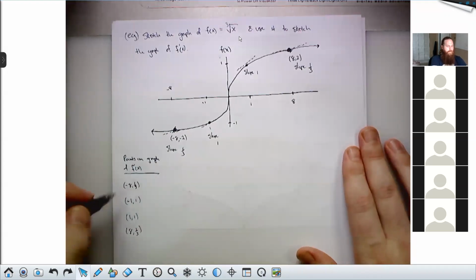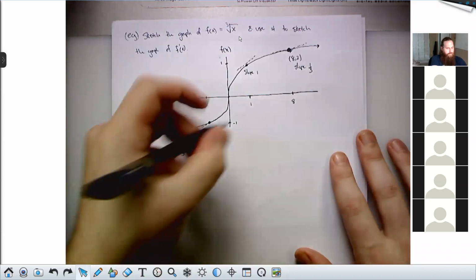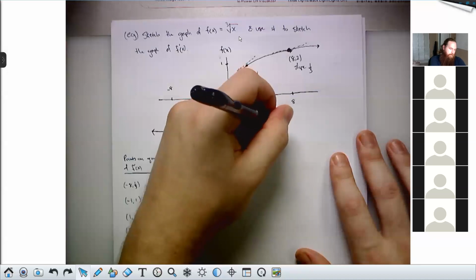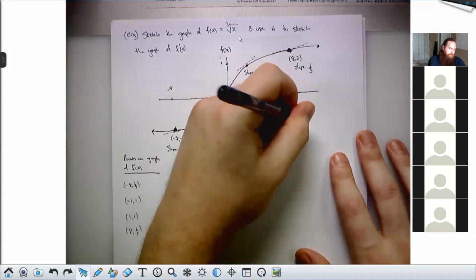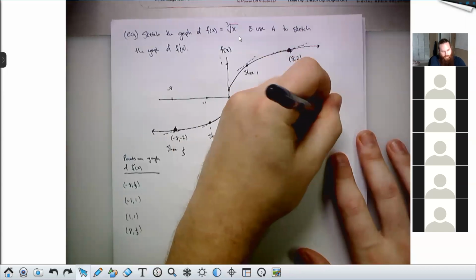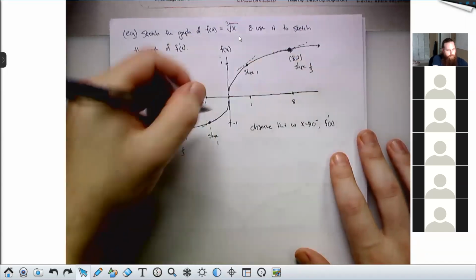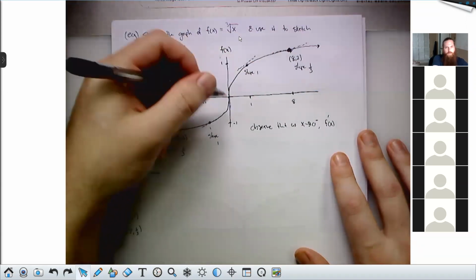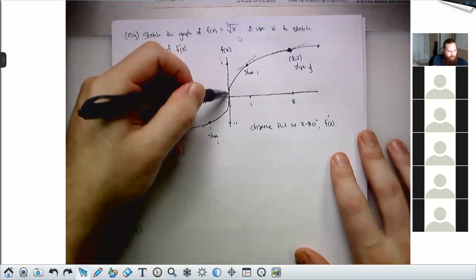Okay. The other thing I'd like to do here is observe that as x goes to 0 from the left, f prime of x, the slope of the tangent line here, is an extremely large positive slope. Right here at 0, we actually have a perfectly vertical tangent line.